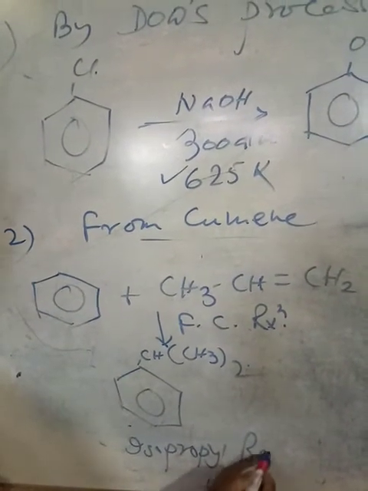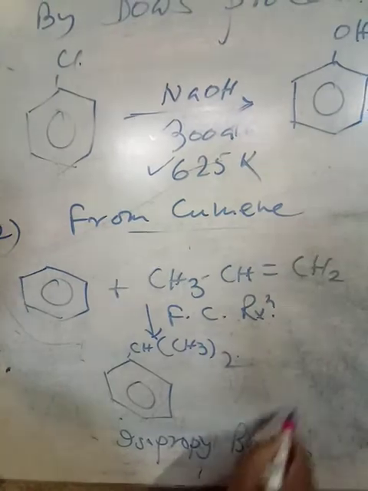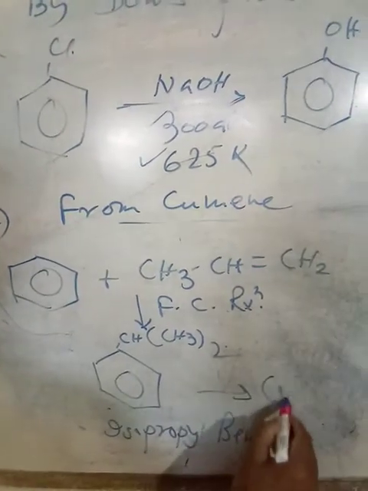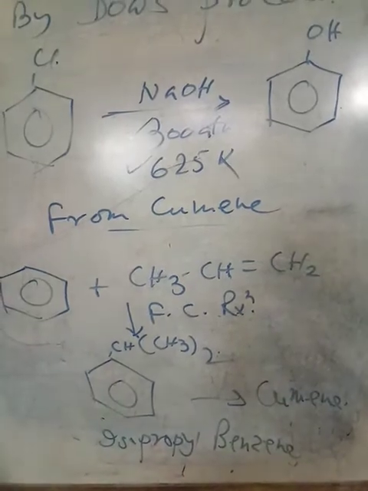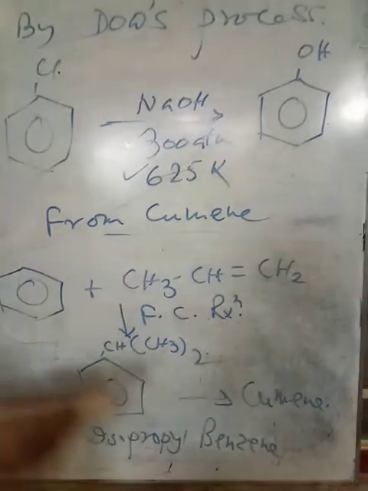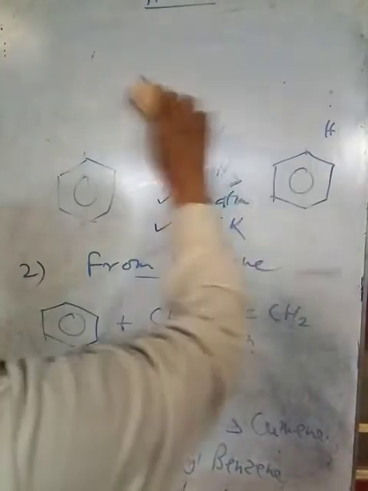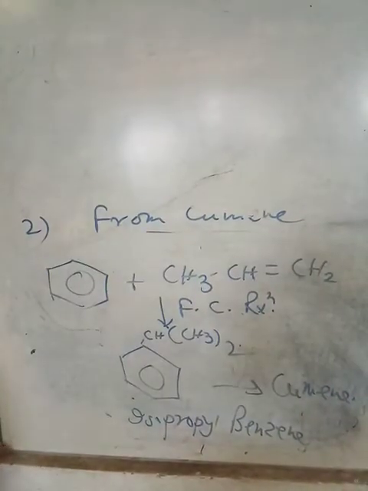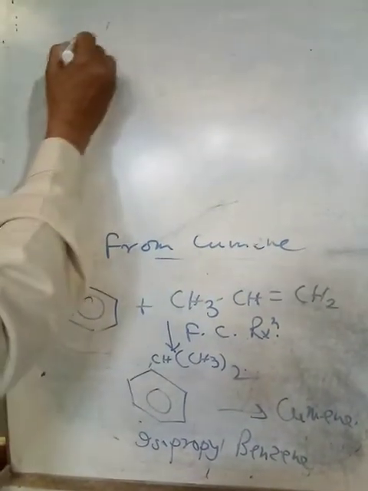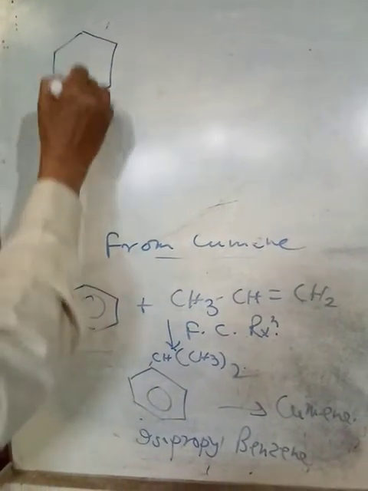Isopropyl benzene is called cumene. So cumene is prepared from benzene and propene by Friedel-Crafts reaction.